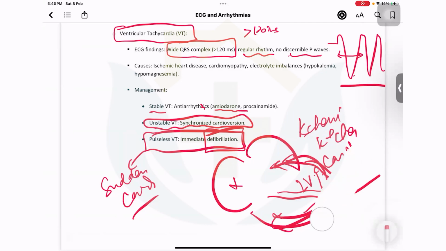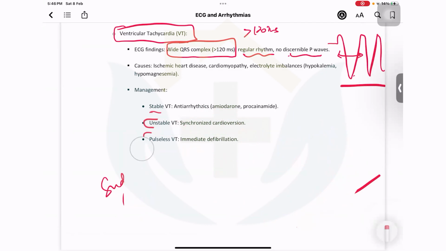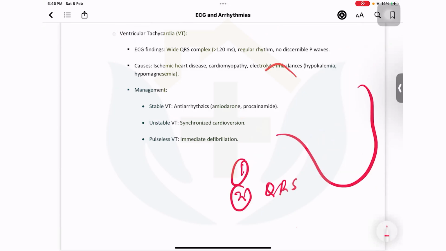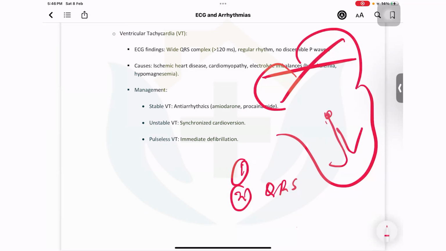Now that we are done with the supraventricular major arrhythmias, let's discuss ventricular tachycardia. Now, ventricular tachycardia is defined by ventricular origin of the arrhythmia, number one. Number two, the QRS will be broad because now these are out of the picture. It is this only.